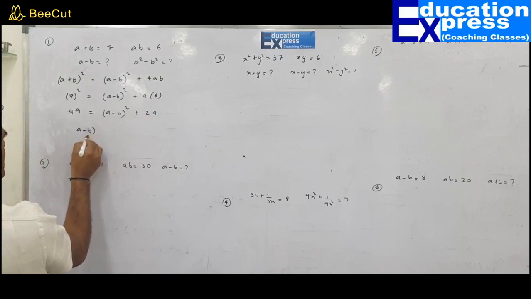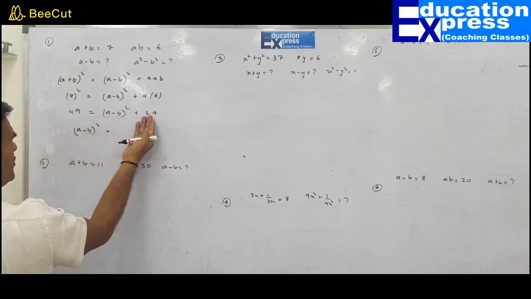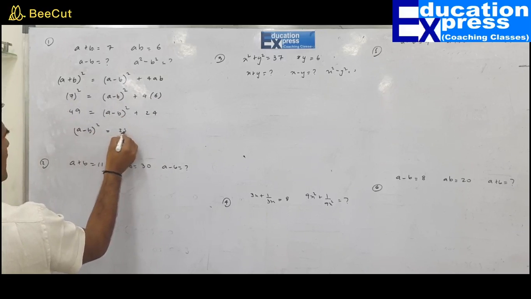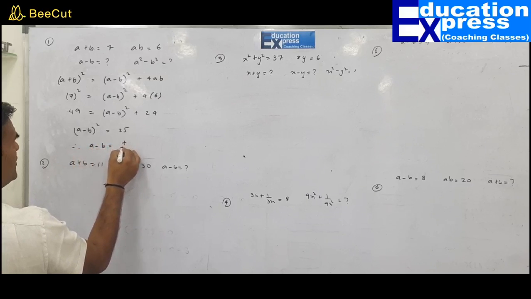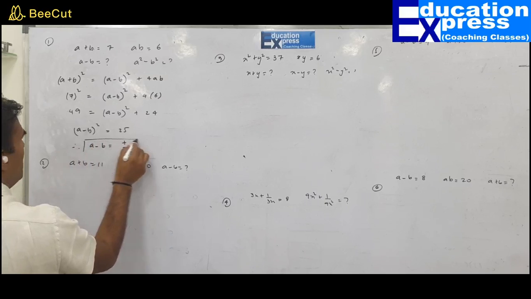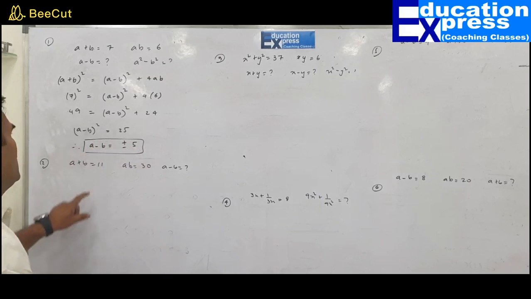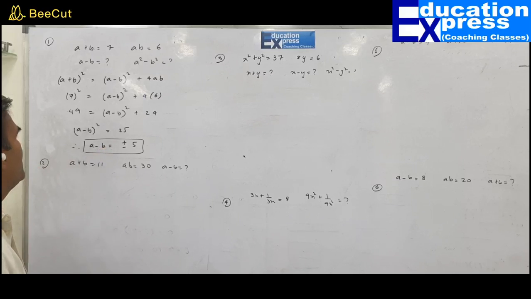So (a − b)², shifting this 24 to that side, becomes 25. Therefore, a − b will be plus or minus 5.